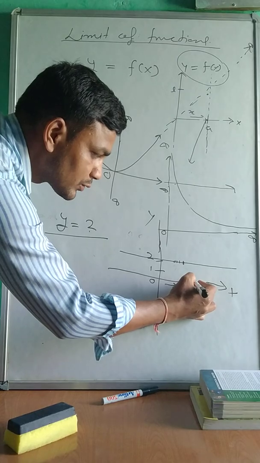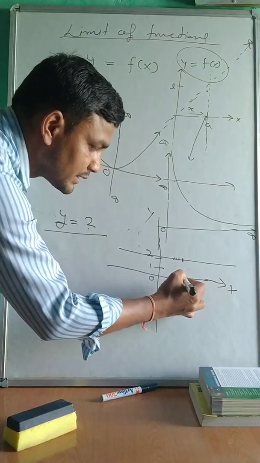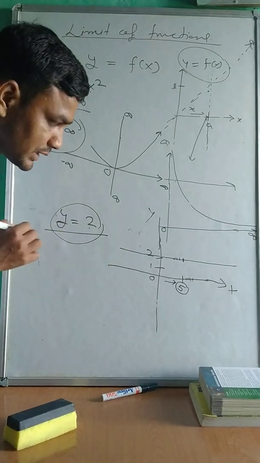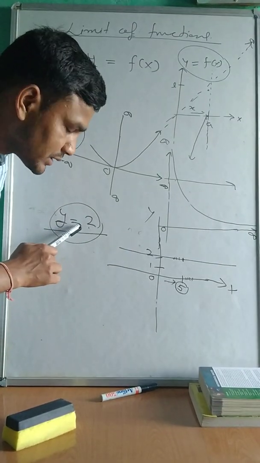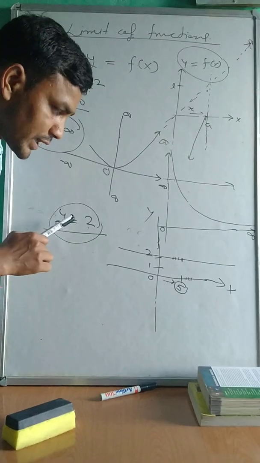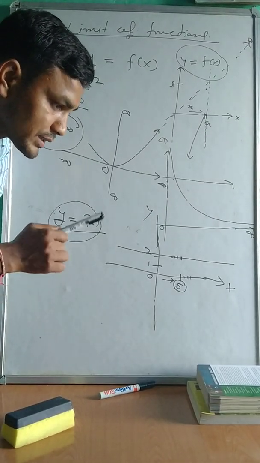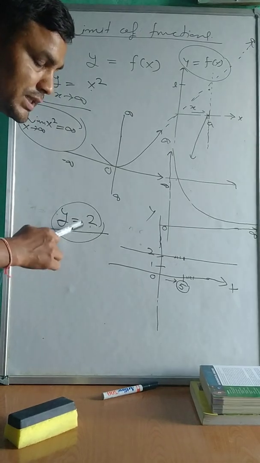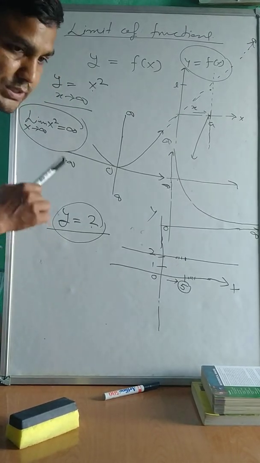Similarly, if we approach 5 from the left-hand side, all the values of y are 2. Clear? It means the limit of the function y equal to 2 is also 2, and the value of the function y equal to 2 is also 2. In this case, the function is a constant function.